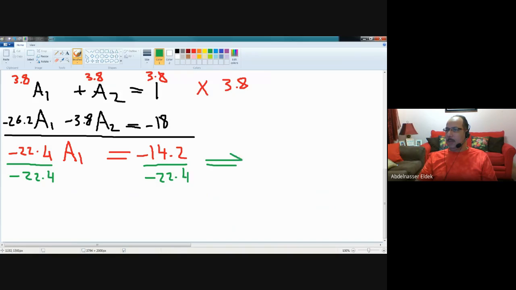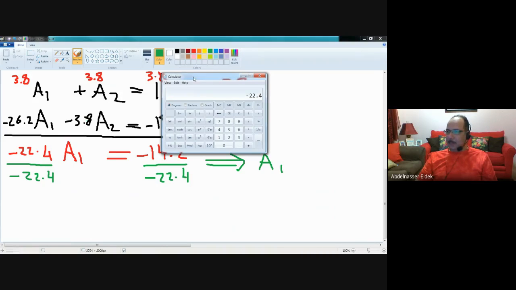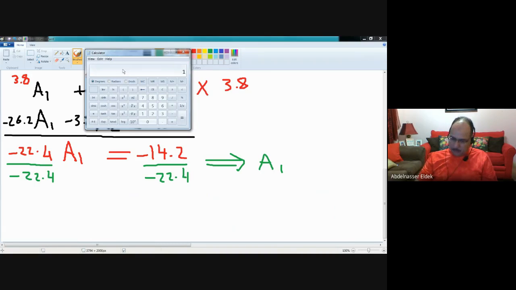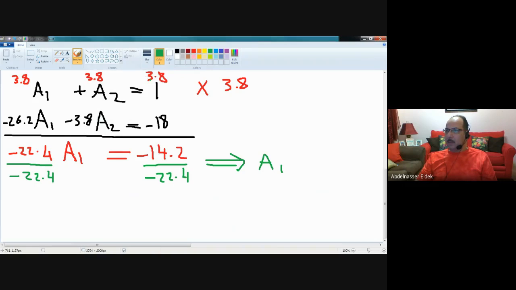Negative over negative will be positive, so 14.2 divided by 22.4 is 0.634.